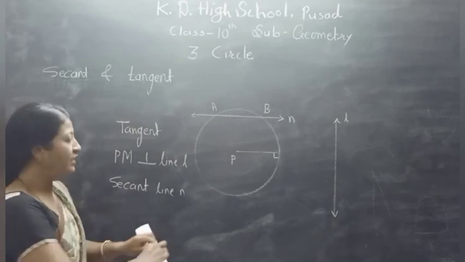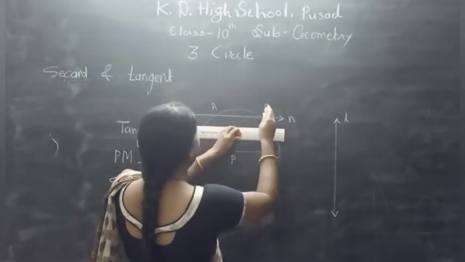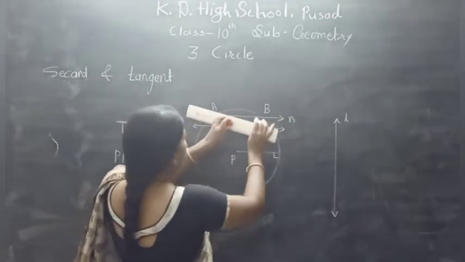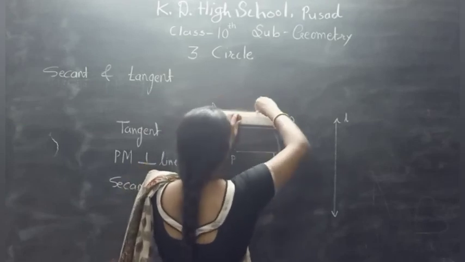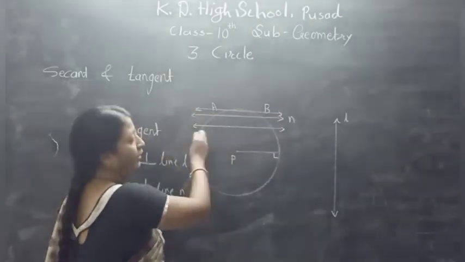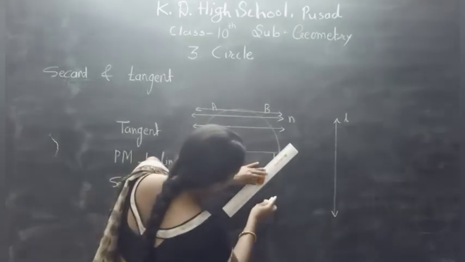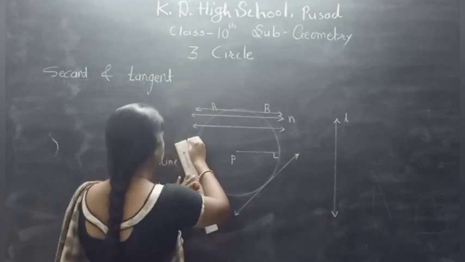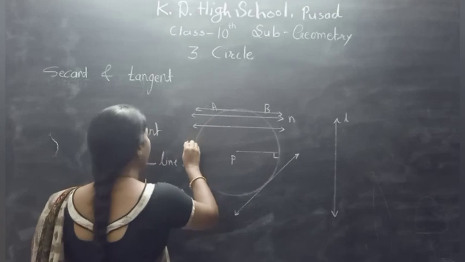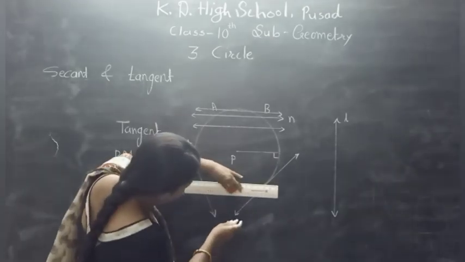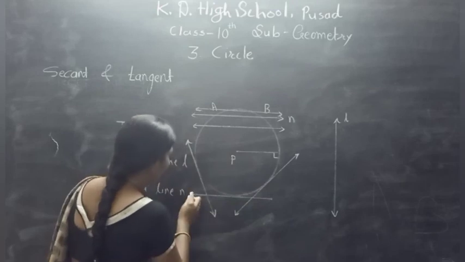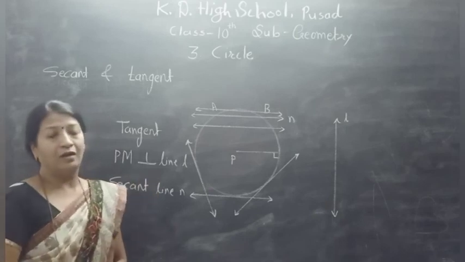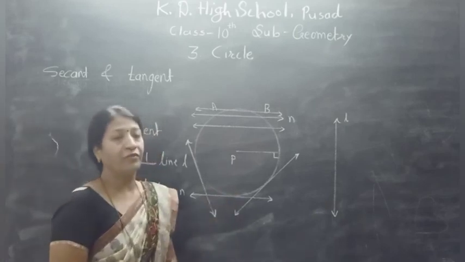In this way we can draw infinite secants here. There are 2 points of intersection, and in this way we can draw infinite tangents to the circle. Similarly you can draw infinite tangents at this position. Again you can draw the tangents. So infinite tangents and secants can be drawn with the circle.